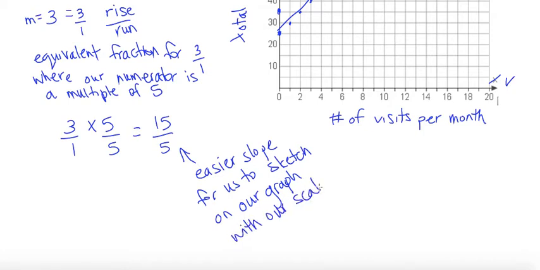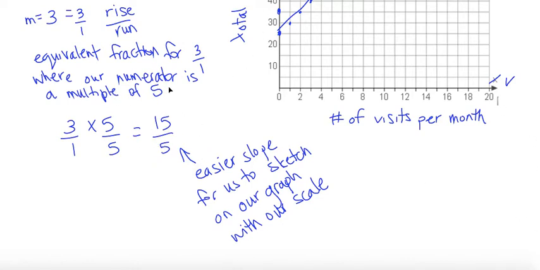So if you're going up by 1s already, it's not going to matter what your slope is. But in this case, I'm going up by 5s. It's easier to sketch my graph if my slope is a multiple of 5.